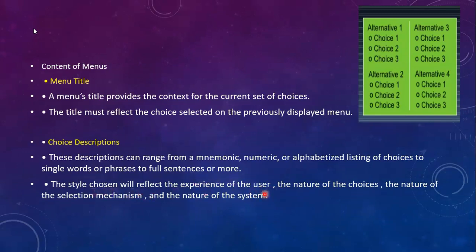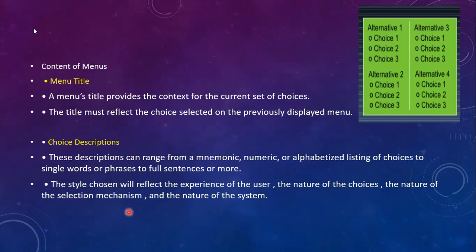The style chosen may also depend upon the nature of choices, what kind of choices you are going to select, the nature of the selection mechanism, and also the nature of the system you are using. So these are about choice descriptions.